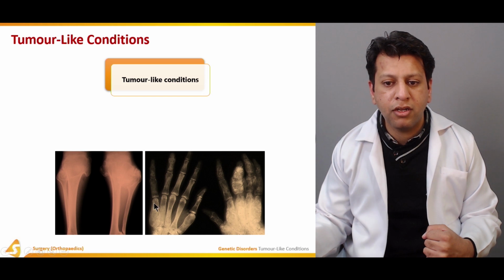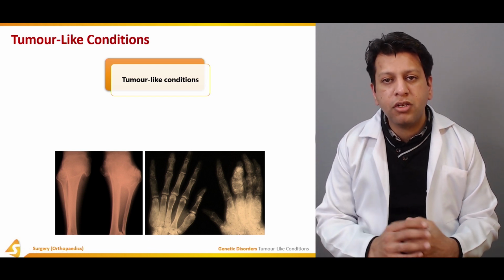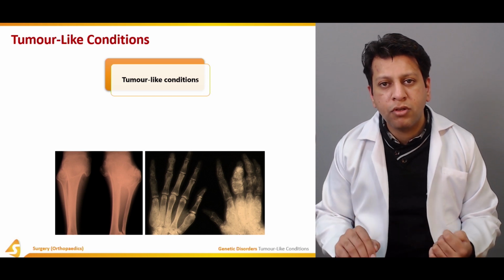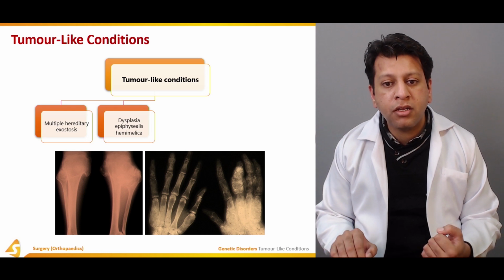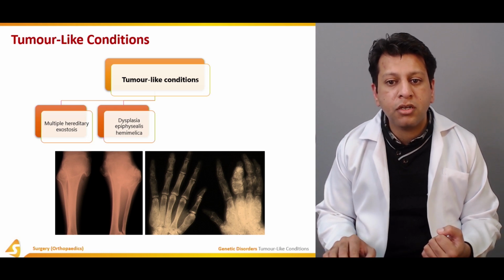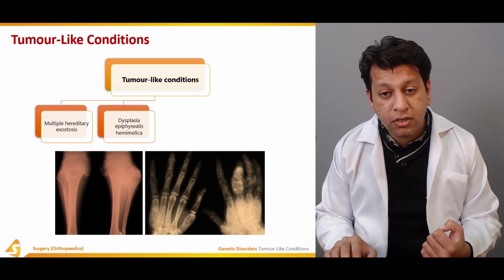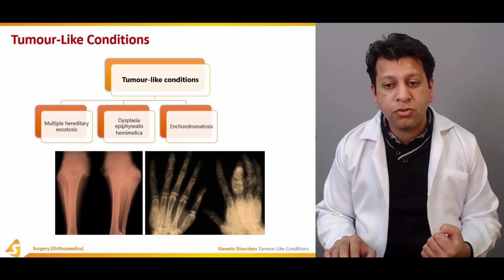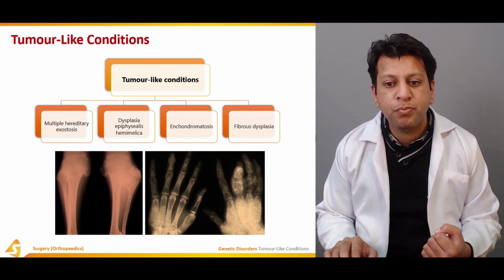On the left hand, only one of the metacarpals is involved. Usually, these conditions present with multiple outgrowths from the bone. And these include multiple hereditary exostosis, dysplasia epiphysealis hemimelica, which is actually epiphyseal hereditary exostosis, then enchondromatosis and fibrous dysplasia.